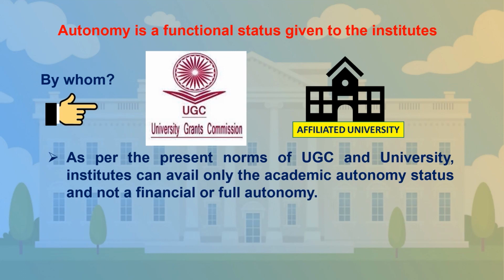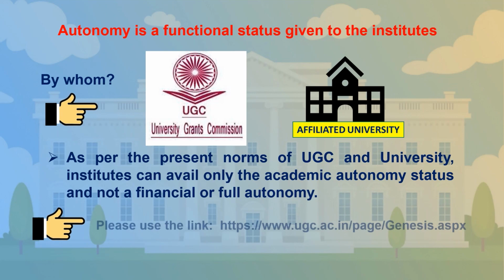UGC, an autonomous body of the Ministry of Education, Government of India, is entrusted to provide the institutions autonomous status for 6 years after 2 stages of verification by the UGC itself and the affiliated university.